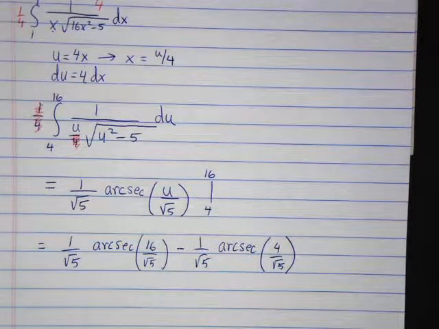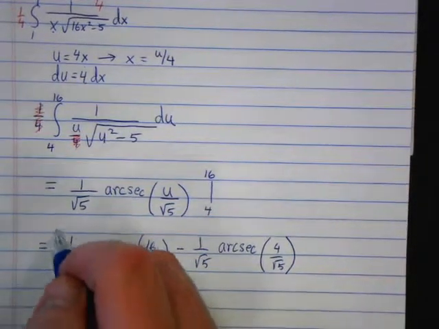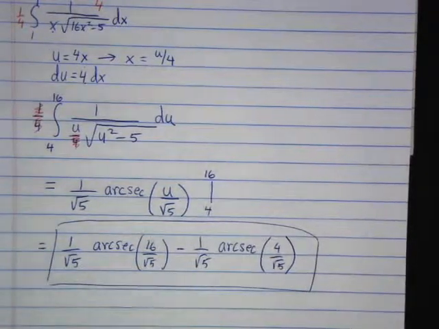What's the arc secant of 16 over the square root of 5? Yeah, I don't know either. And how about the arc secant of 4 over the square root of 5? Yeah, I don't know that one either. So what am I going to do? Well, done, there's my answer.